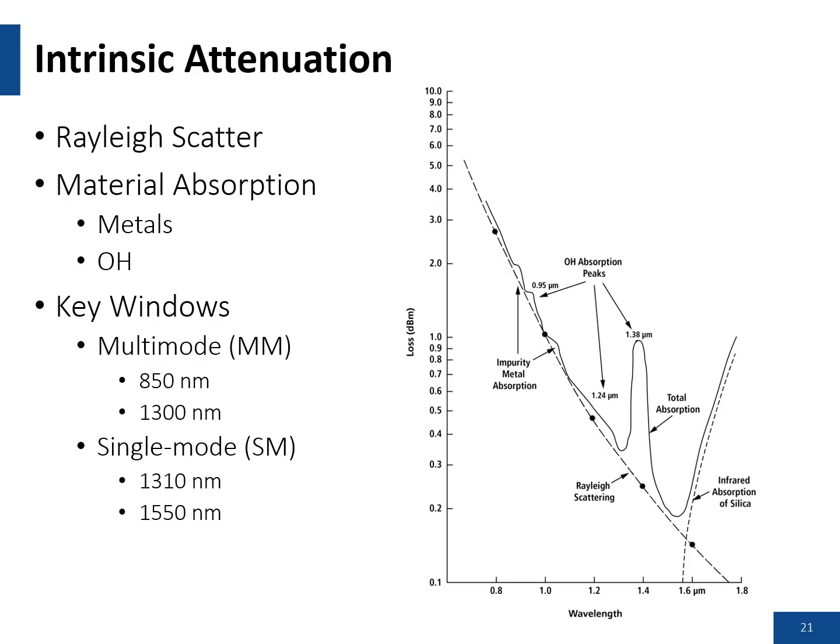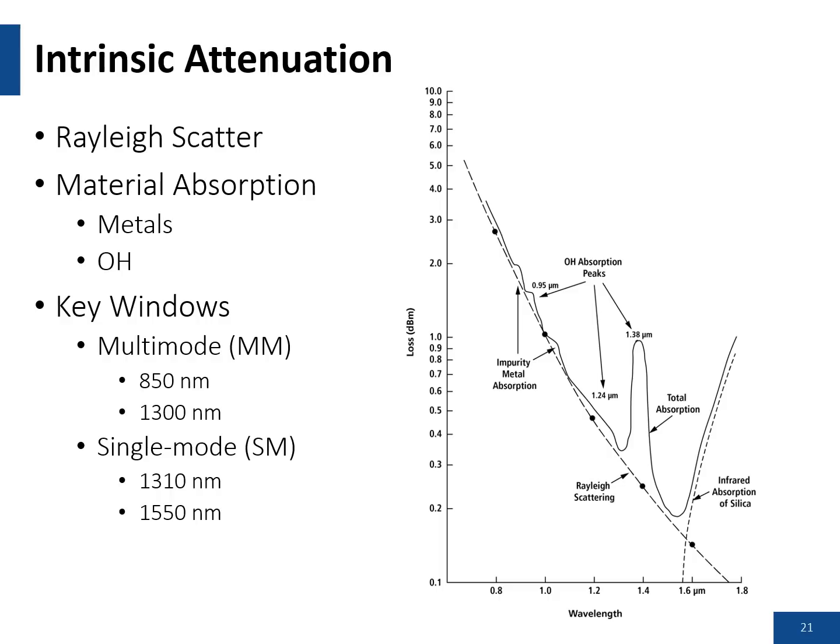If you look at the natural loss values of silica glass, you'll see, again, that those key operating windows of 850 and 1300 for multimode and 1310 and 1550 for single mode are based upon low points in this natural loss spectrum. You'll also see that there are some hydrogen absorption peaks, like at 1383 nanometers.